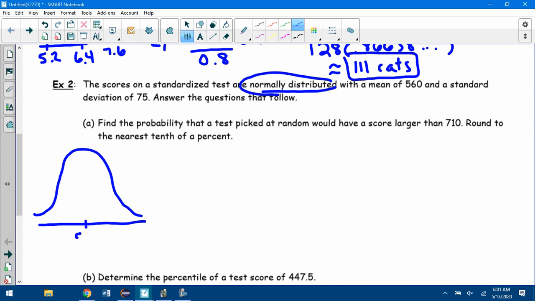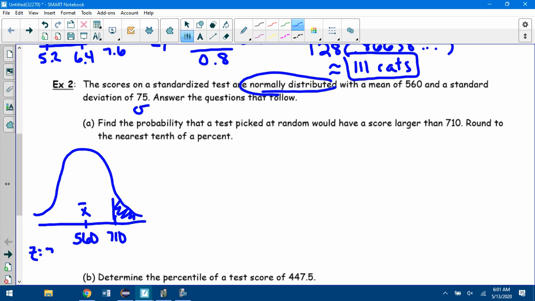That's what's important. That means I'm allowed to use this. We're going to have 560 in the center because the mean's always in the center. Standard deviation of 75, we'll need that. We want the probability that a test picked at random would have a score larger than 710. So larger than 710 would be here. What would I do next? Z-score.